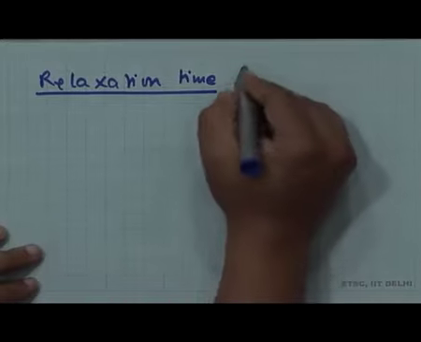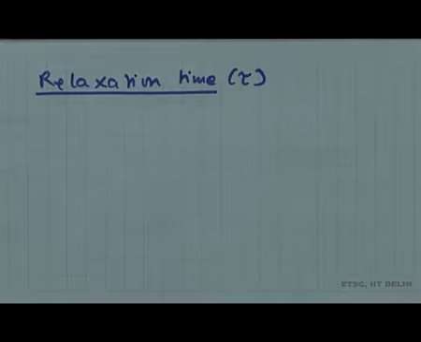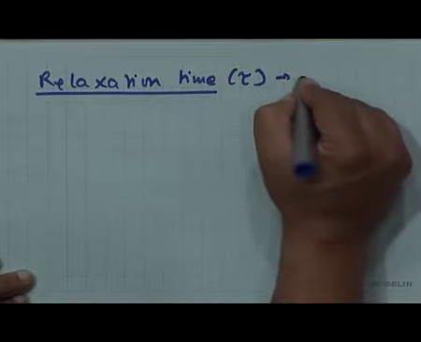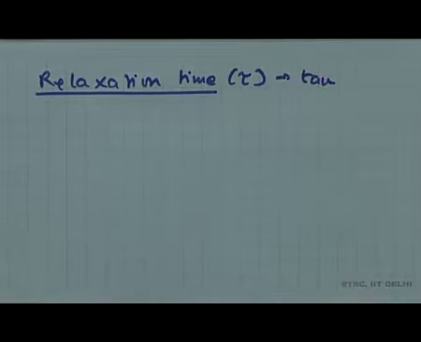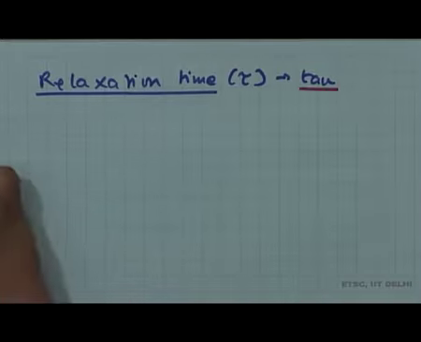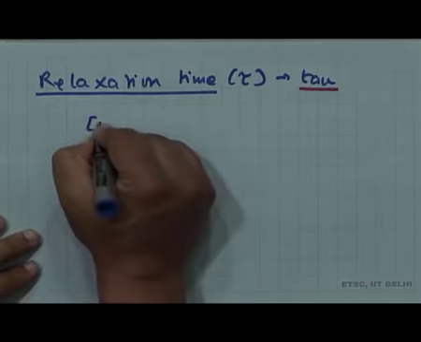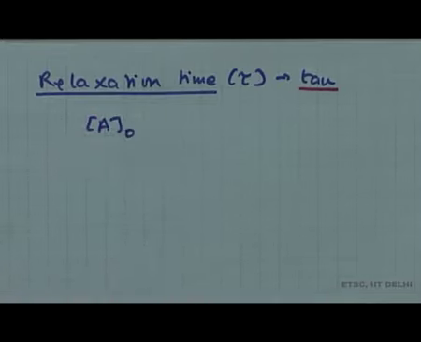The relaxation time is given this symbol tau. Now, what do I mean by the relaxation time? Suppose I have an initial concentration for a first order reaction, the initial concentration A naught.